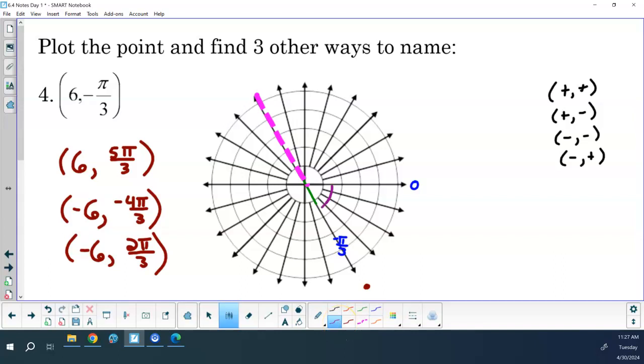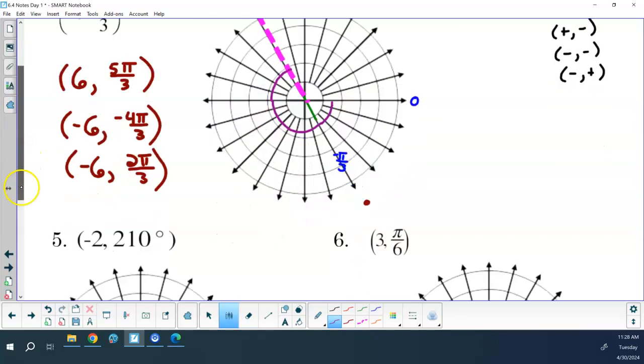So here's negative 1 pi over 3, negative 2 pi over 3, negative 3 pi over 3, negative 4 pi over 3. Okay. All right. Try the other two.